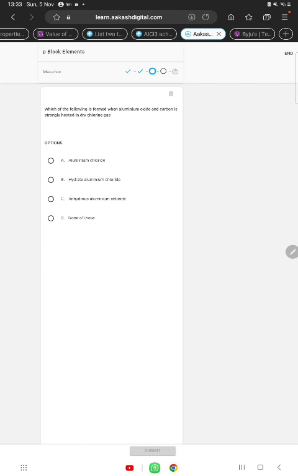Which of the following is formed when aluminum oxide and carbon is strongly heated in dry chlorine gas? Aluminum chloride, hydrated aluminum chloride, anhydrous aluminum chloride.